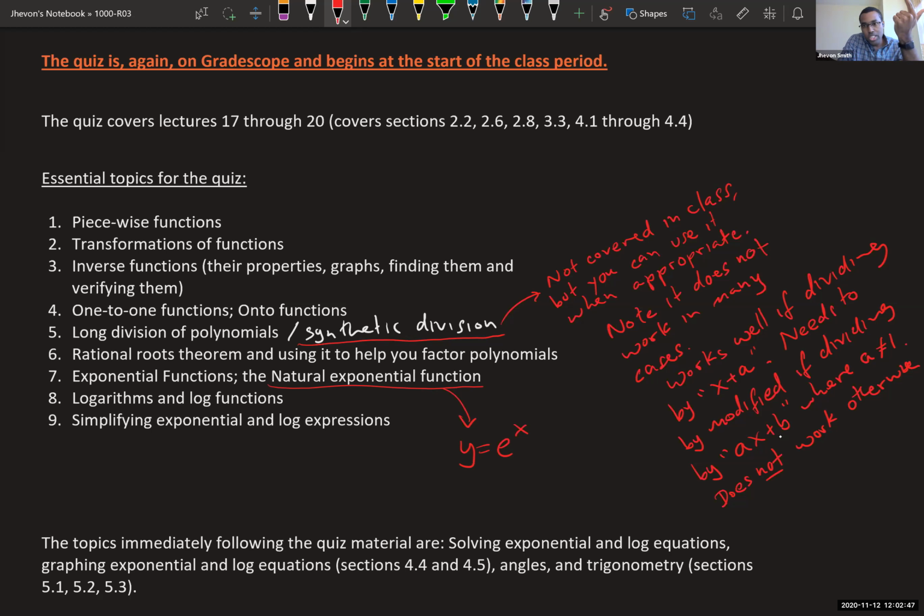Polynomials, rational functions, radical functions, exponential functions, logarithm functions, and trig functions is the 6th one. And it turns out that these guys are known as the elementary functions. These are the same functions you will be using throughout your calculus career. Calc 1, Calc 2, Calc 3, you're not really going to learn about any new types of functions, at least not in any great detail.